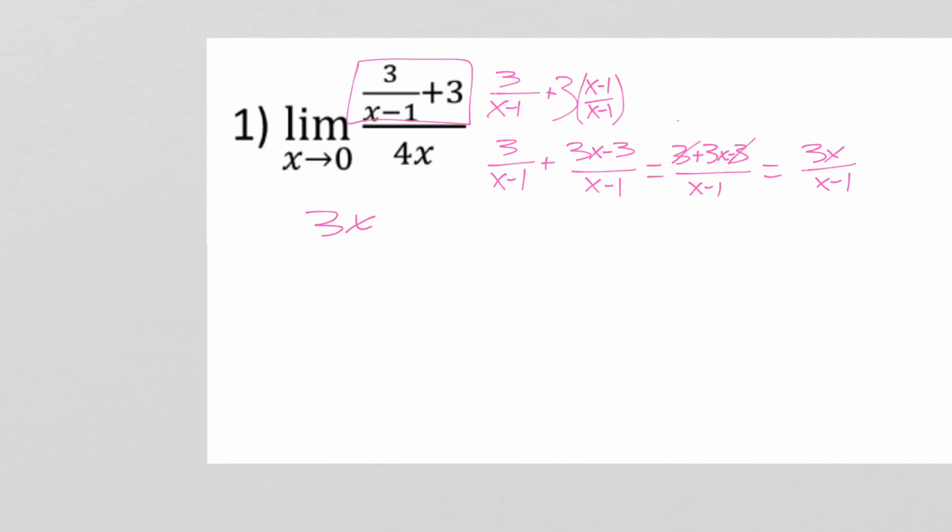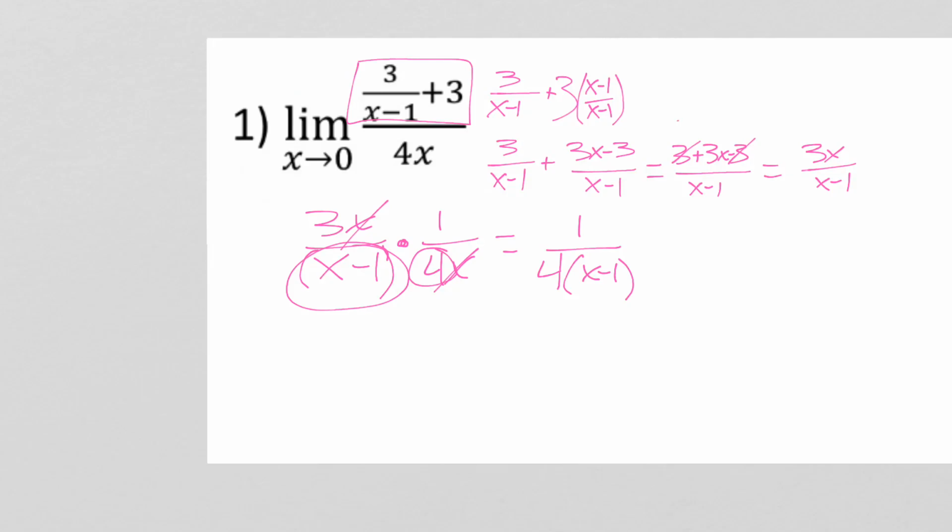So if we have 3x over x minus 1 divided by 4x, that's the same as multiplied by 1 over 4x. It might help you to look at it like that. Because now look, we can see x and x will cancel out, and we'll be left with 1 over, we have a 4 still, so 4 times x minus 1.